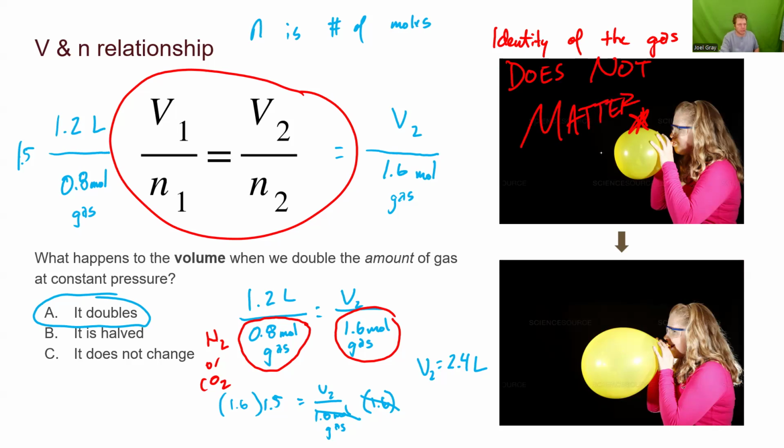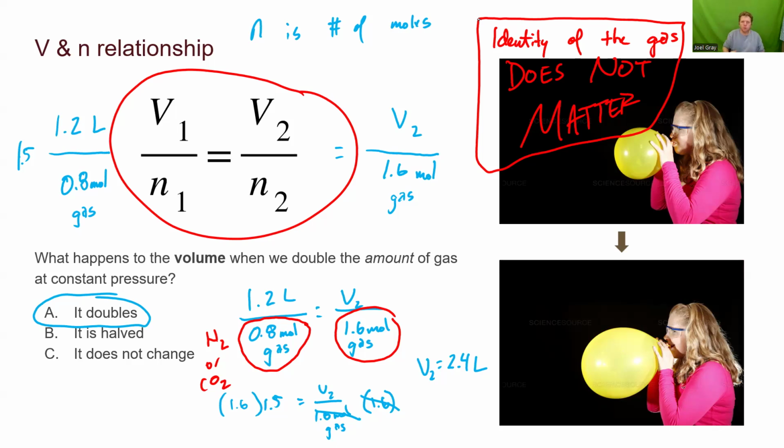Almost wrote Mattel, but it does not matter. The identity of the gas does not matter. If it's CO2, if it's H2O, if it's H2O2, it does not matter because all of these gases are largely going to behave the exact same way.